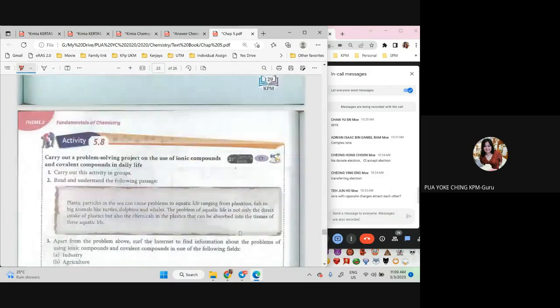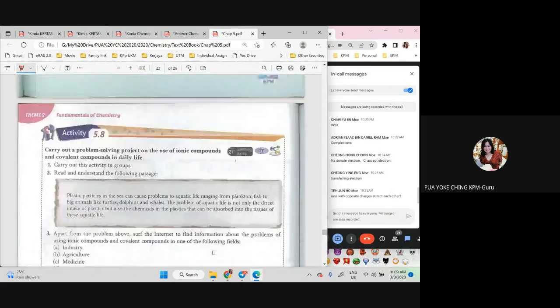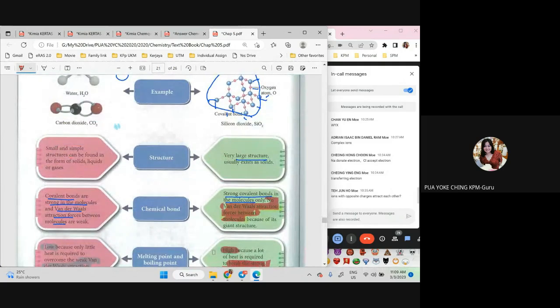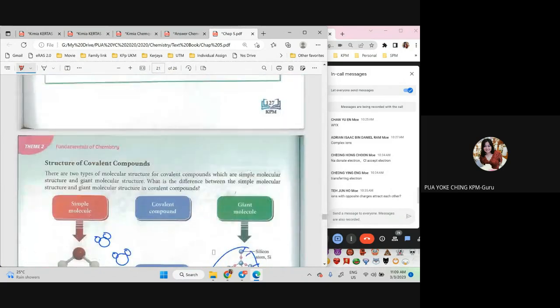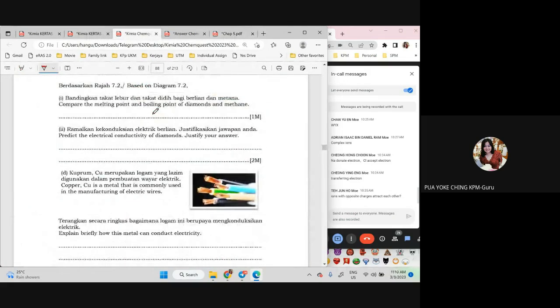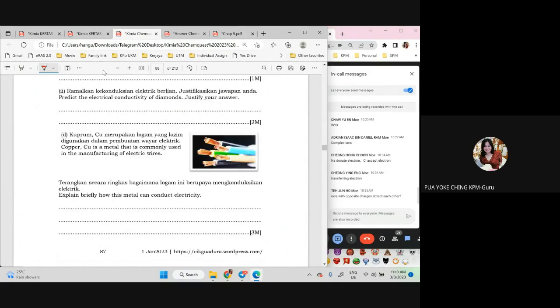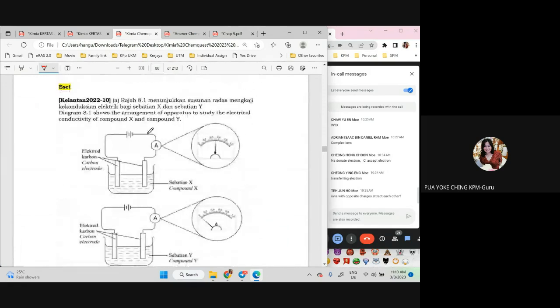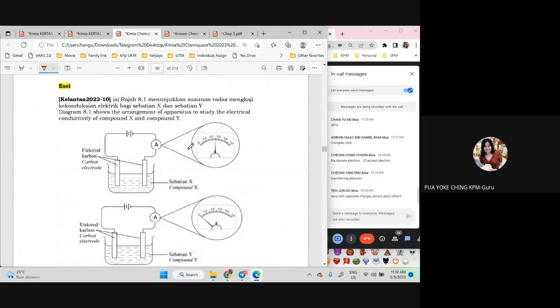Okay, so this is the uses. Rasa tak ada apa. Okay, so kalau keluar this one, kena jagalah. So for this part, usually it will ask you to compare melting and boiling point. So this is the essay part.